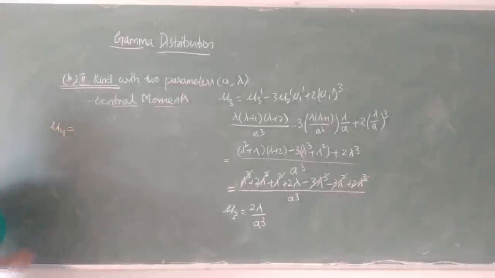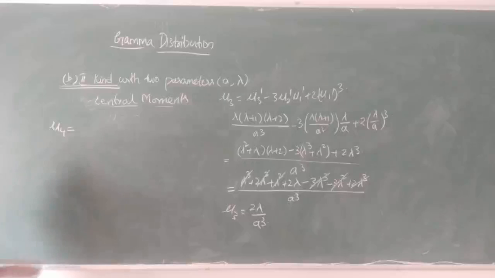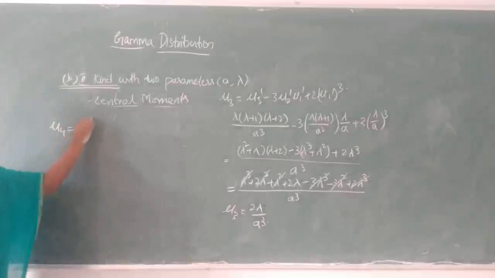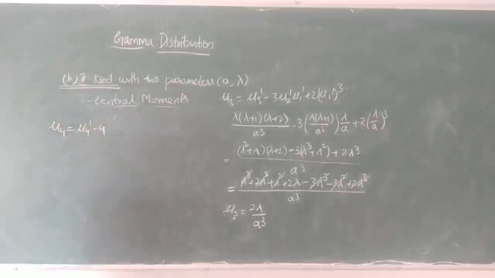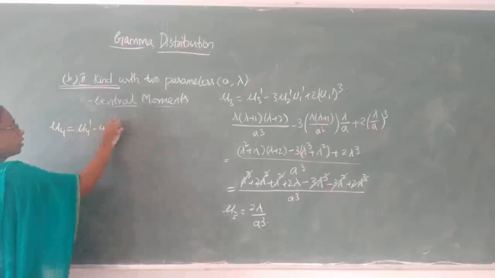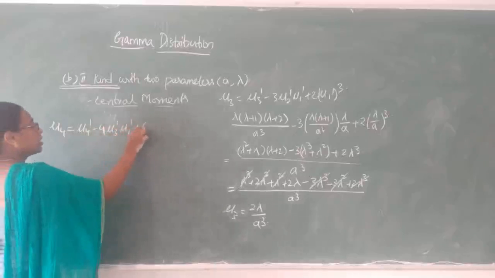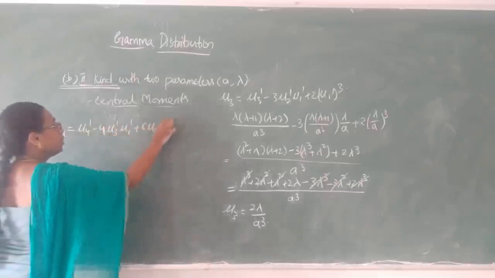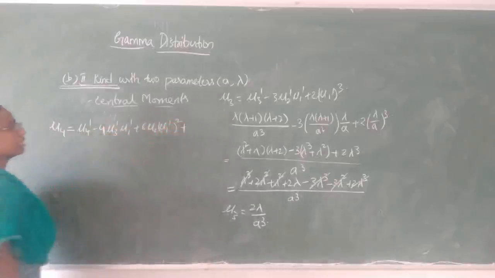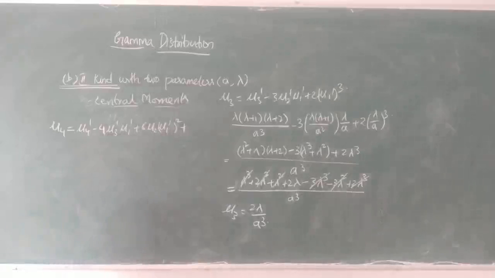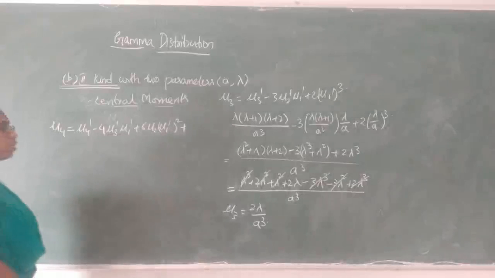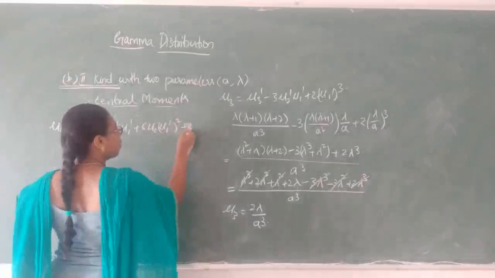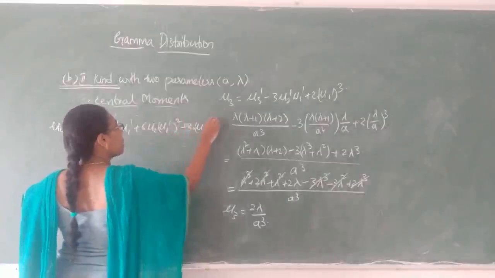Mu4 equals mu4 dash minus 4 mu3 dash mu1 dash plus 6 mu2 dash mu1 dash square minus 3 mu1 dash power 4.